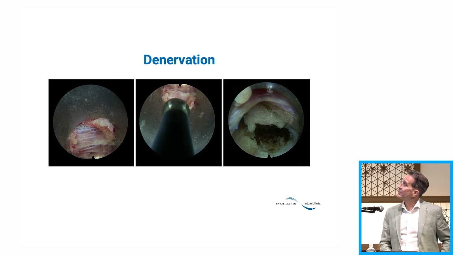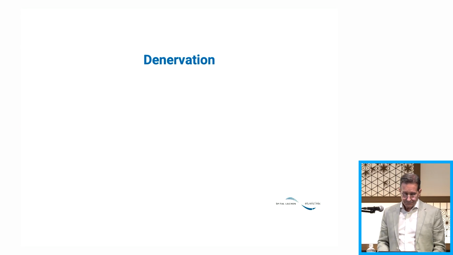What do we look for during denervation? If you look at the picture on the left, it's very easy to say what is ligaments and what is nerve roots, because the nerve roots and the nerve fibers always have a little capillary vessel along them.